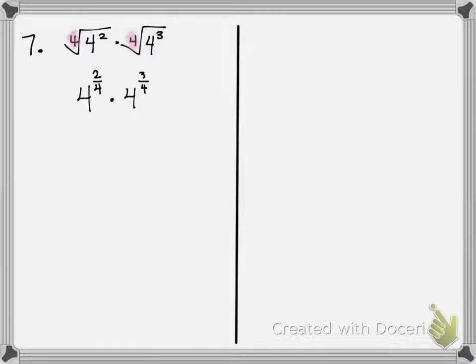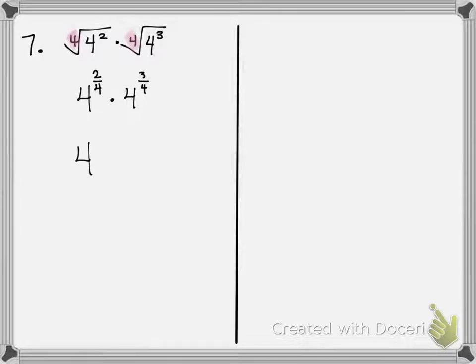Now, you guys are pretty good at recognizing when something needs to be simplified. 2 over 4, I know that you all would say it needs to be simplified, but you're also good at noticing that you have to add, and I do have a common denominator, so I don't want to simplify at this point.